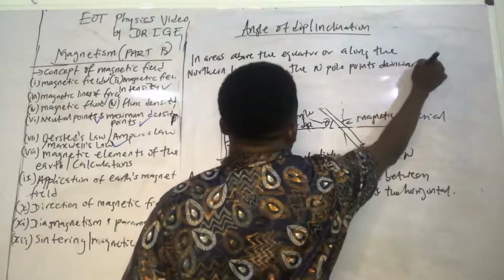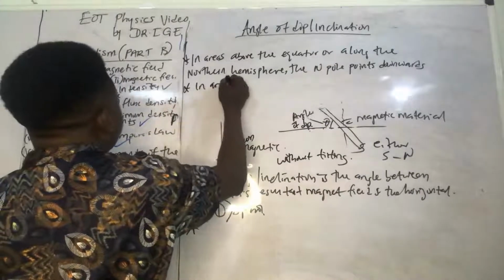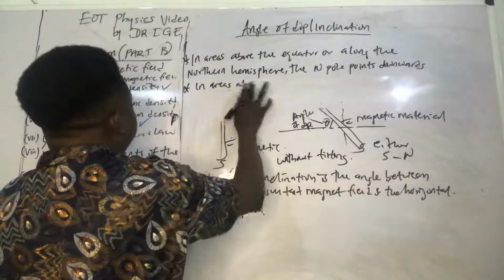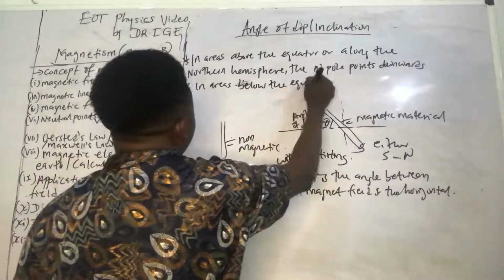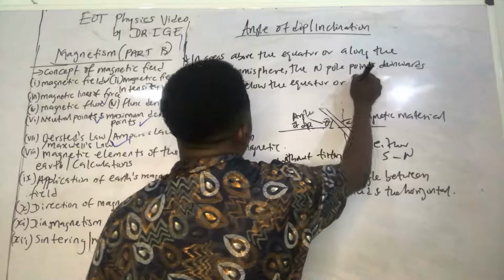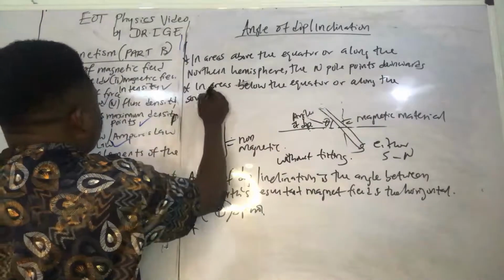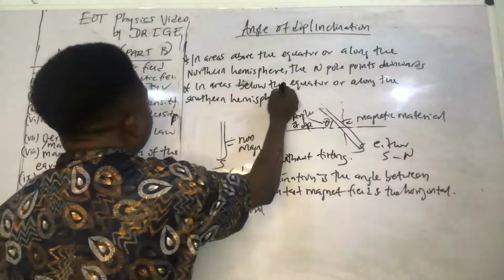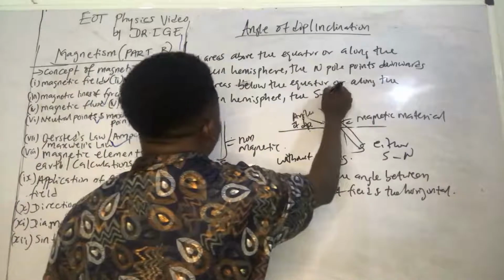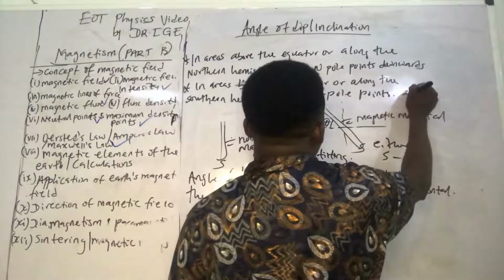And in areas below the equator, or along the southern hemisphere, the south pole points downward.